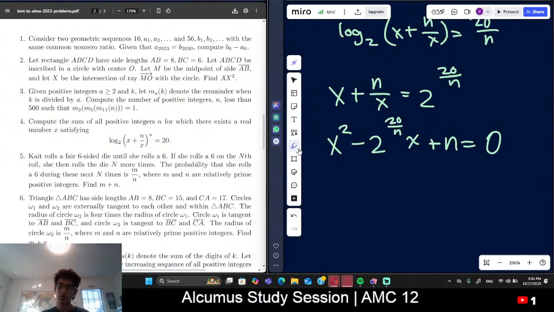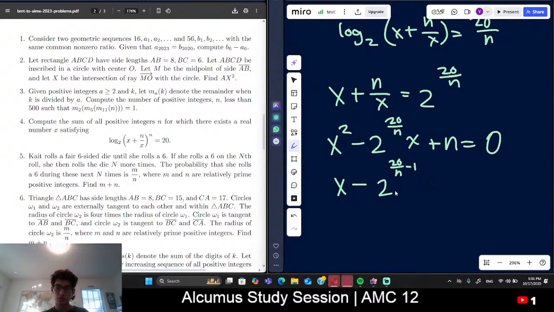So what we want here then is, we're going to find all the possible integers n in this range such that, and we're going to see what the such that is in a second. This can be written as x minus 2 to the 20 over n minus 1, right?